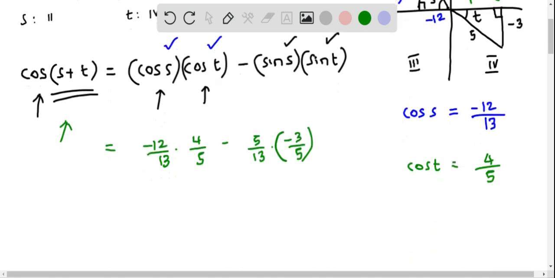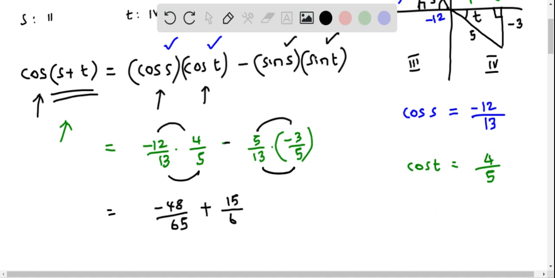So let's simplify this. Multiply the numerators, that is negative 12 times 4 is negative 48 over 13 times 5, which is 65, minus, and here negative times negative is positive, so I can put positive here, and 5 times 3 is 15 divided by 13 times 5, which is 65.